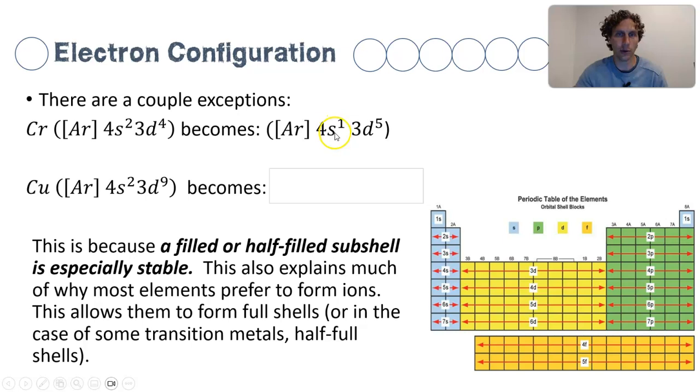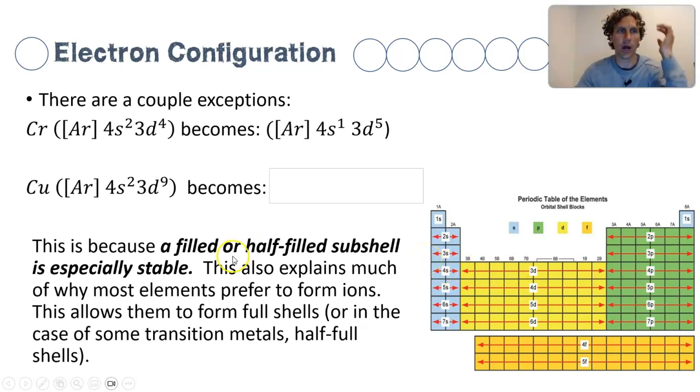Now this one's half full, and this one's half full. And so chromium will actually have 1 electron in the 4s orbital and 5 in the 3d orbitals. Okay, so 1, 2, 3, 4, 5, and now this is half full and that's half full.